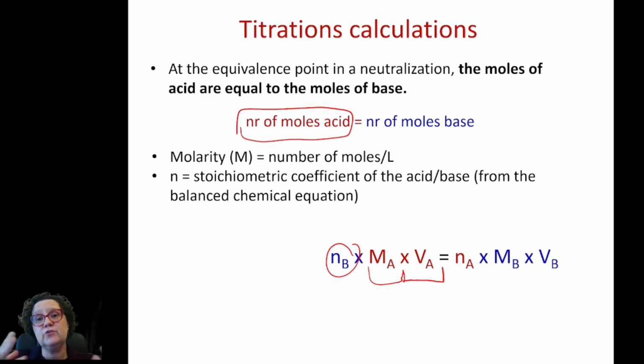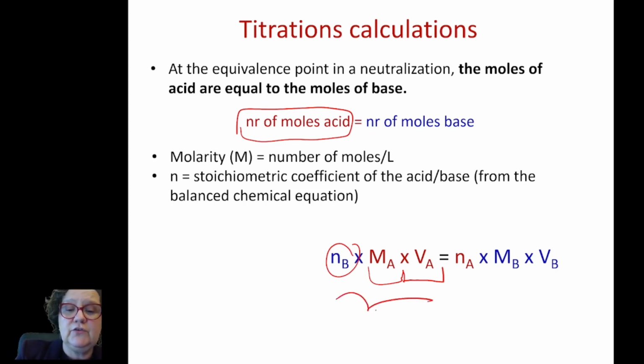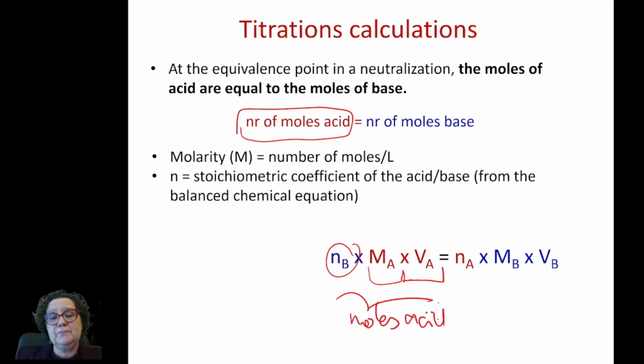The stoichiometric coefficients do not work so well. So you do need to put the stoichiometric coefficient of the other. So the molarity of the acid times the volume of the acid, and you multiply it by the stoichiometric coefficient of the base. And this gives you how many moles of acid you have used.